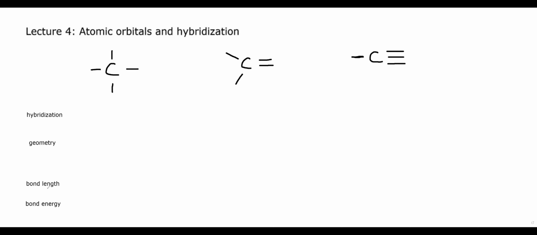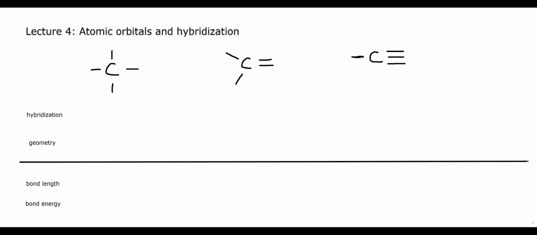I also put down at the bottom the bond length and the bond energy, just as little extra bits of information. In fact, I'll even put a line here between the two, showing you that this stuff on the bottom isn't quite as important, but it's a good time to talk about it while we're mentioning single, double, and triple bonds. But the important stuff here is on top of the line.